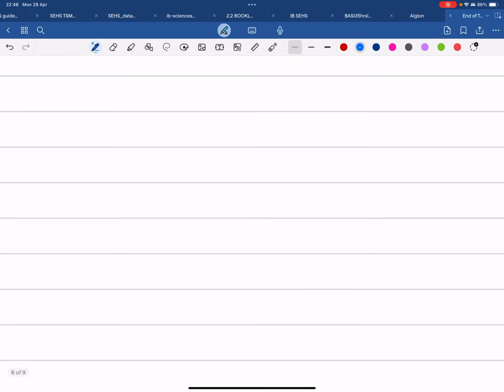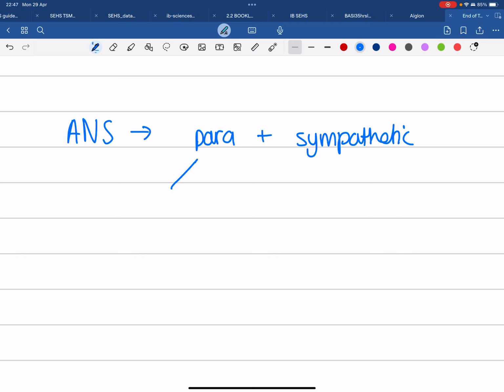So regulation of the heart. We've got the autonomic nervous system, I would expand on that: it branches into the parasympathetic and also the sympathetic. The parasympathetic is going to decrease heart rate with the assistance of acetylcholine, or ACH.